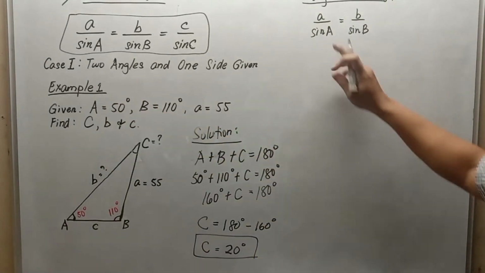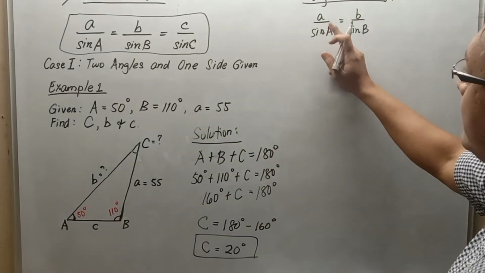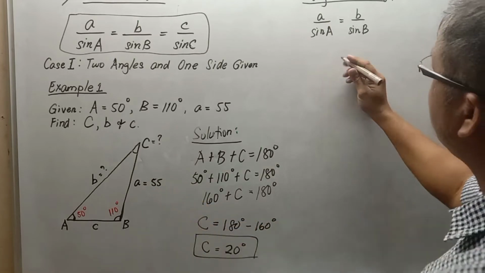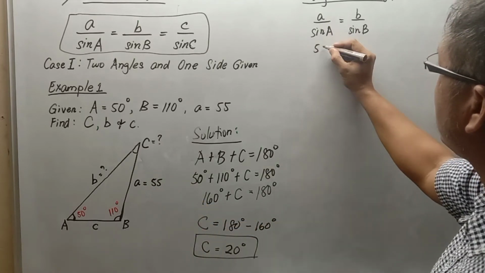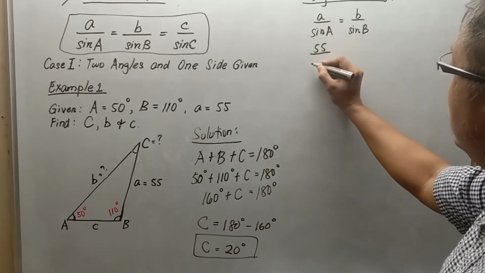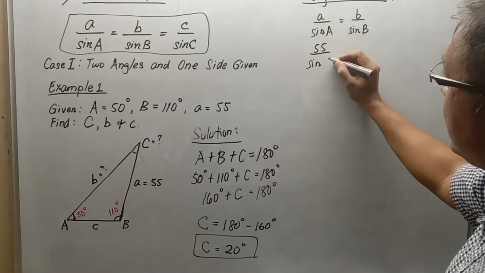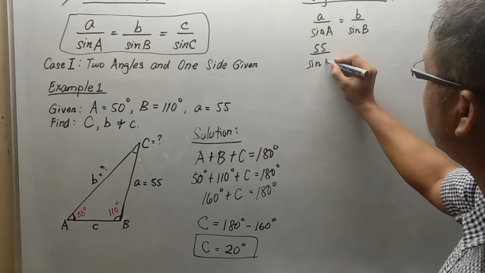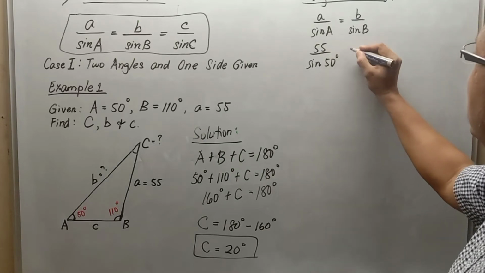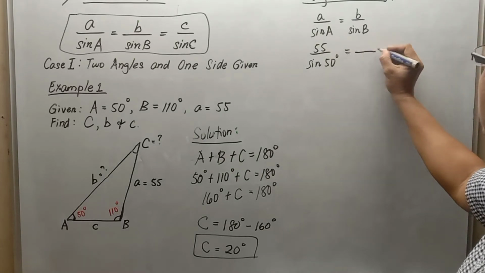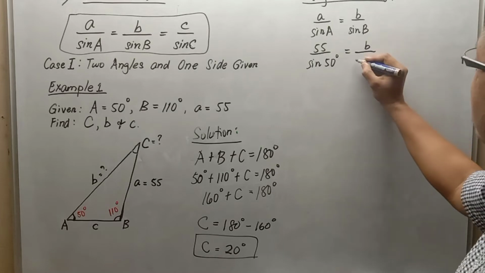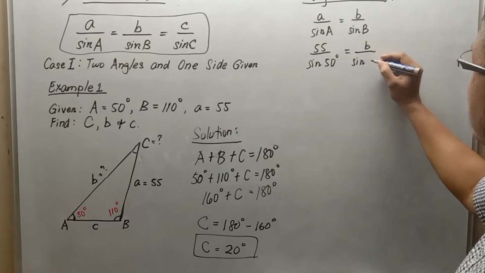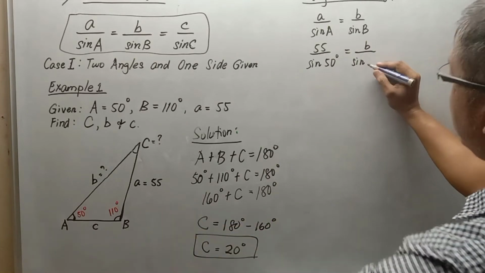How much is the value of side A? A is 55. So substitute here: 55 over sine of angle A, which is 50 degrees, is equal to B, which is unknown, over sine B. What is angle B? 110.